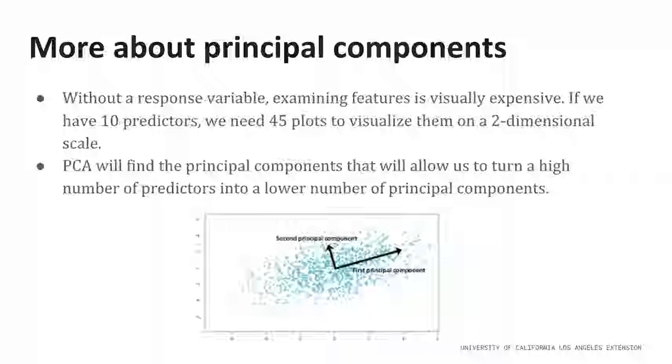When you think about not having that response variable, often when you do EDA in supervised learning, you're comparing all your variables against that truth variable to see, okay, which one is really correlated, which one is good at prediction, or has some sort of relationship to the variable you're trying to predict. However, when we don't have a response variable, and perhaps we have 10 variables that are rather similar, and we don't weigh one necessarily more than the other, in order to visualize all that, we would need 45 plots, and that's on a two-dimensional axis.